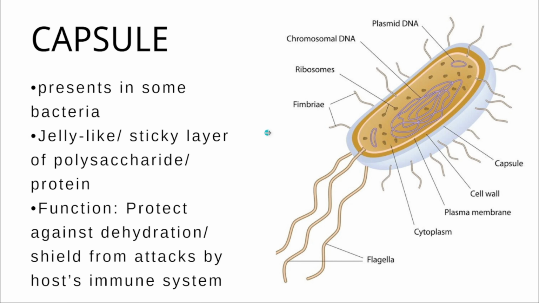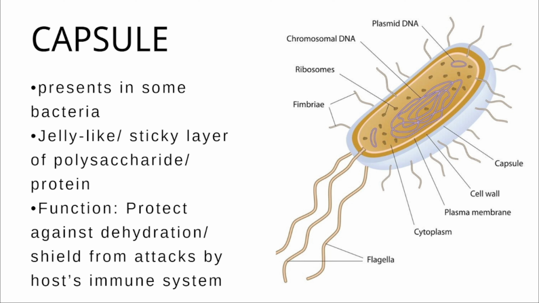Another one I just mentioned is the capsule. As I mentioned before, the capsule is the outermost layer of the prokaryote. It is not present in all prokaryotes, but normally present in bacteria. This is actually to protect the bacteria. Although the cell wall already protects the bacteria, bacteria are very smart.